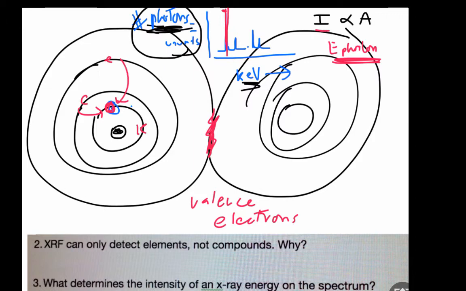And so the statistics of the replacement between these 2 competing processes favor this one, which is closer. So the intensity itself is determined by the probability that each one of these will happen. This is much more likely since these electrons are closer.